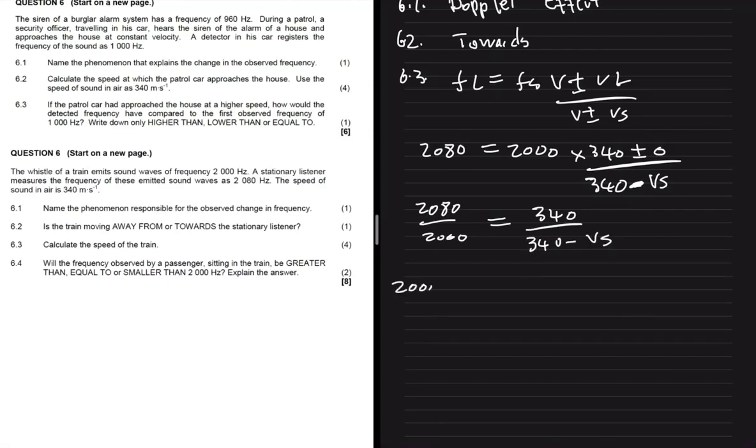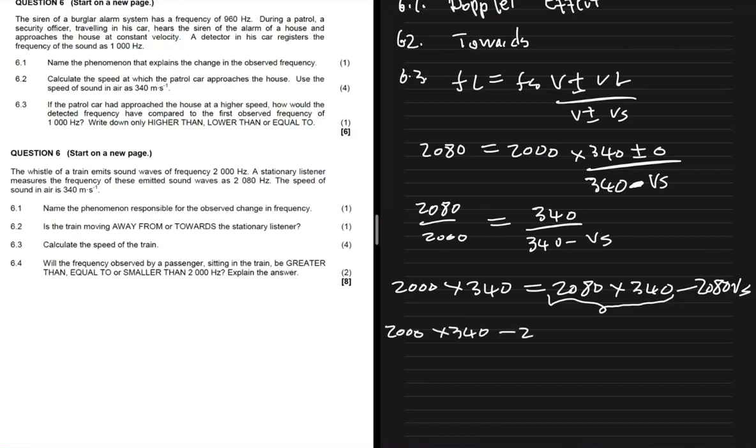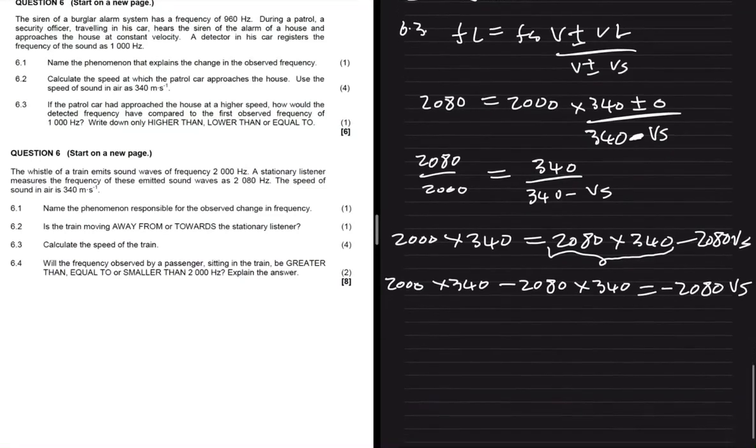So we have 2000 multiplied by 340 equals 2080 multiplied by 340, minus 2080 VS. I'm going to take this expression to the left hand side so that I can isolate VS. So we have 2000 multiplied by 340 minus 2080 multiplied by 340 equals minus 2080 multiplied by VS. And then I'm going to divide both sides by minus 2080 and see what we get.